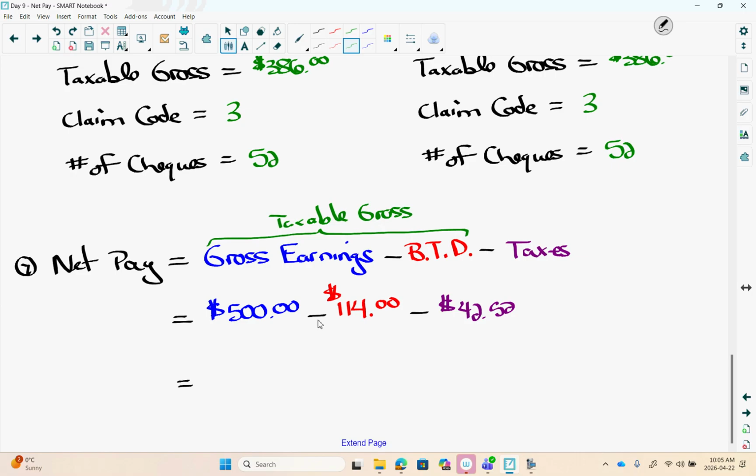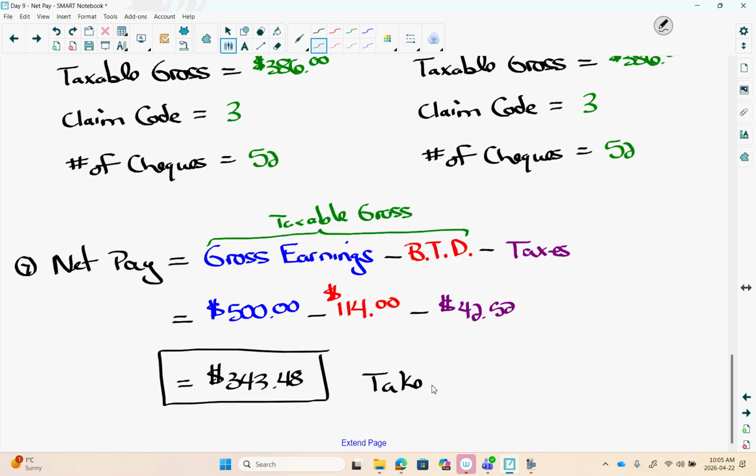And if I go 500 minus 114 minus 42.52, I get $343.48. What does this represent? That is the net pay. That is what Carter takes home.